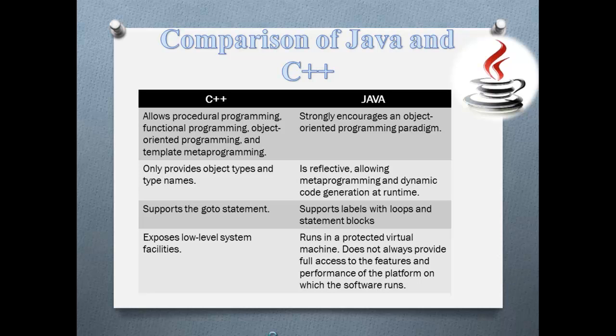Java supports labels with loops and statement blocks. C++ exposes low-level system facilities. Java runs in a protected virtual machine, which does not always provide full access to the features and performance of the platform on which the software runs.